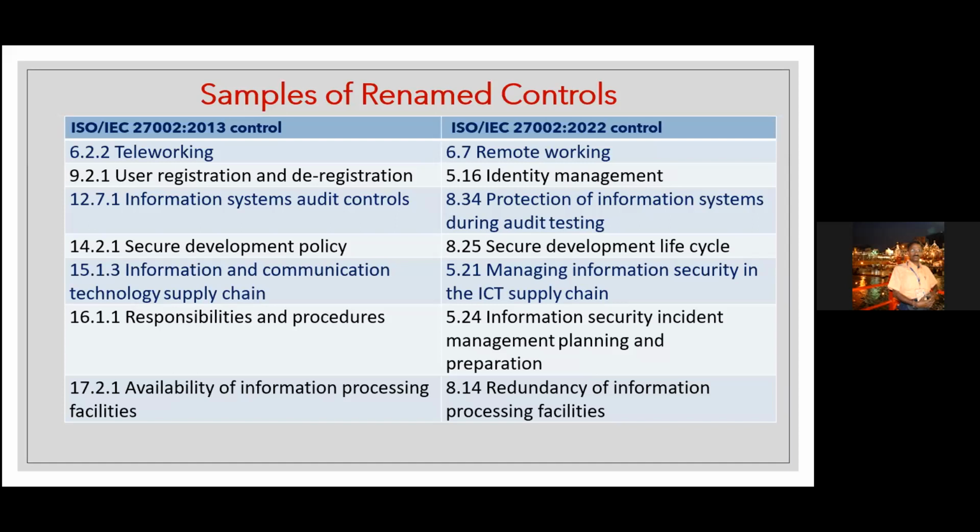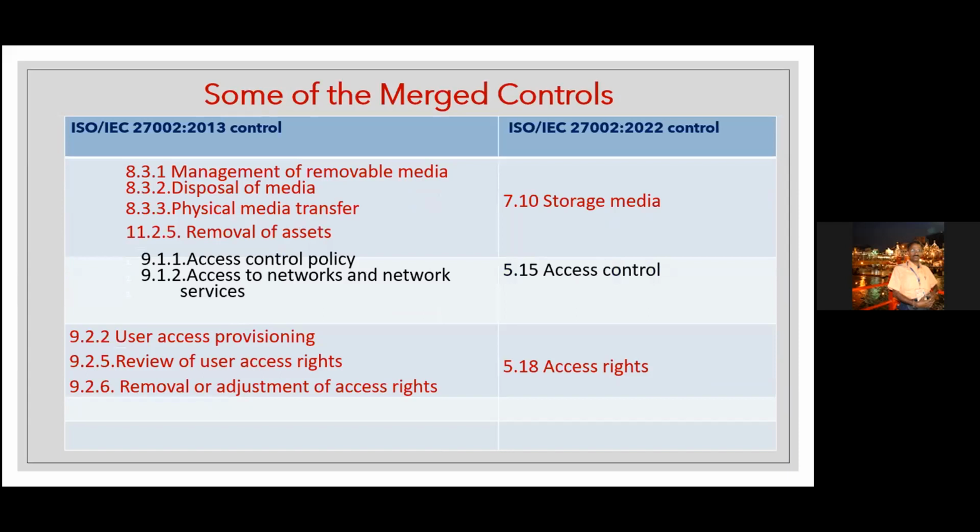And finally, one more example: availability of information processing facilities has been renamed and refined as redundancy of information processing facilities. These are all in line with the usage normally used in our information security domain, and have been put in proper wording.